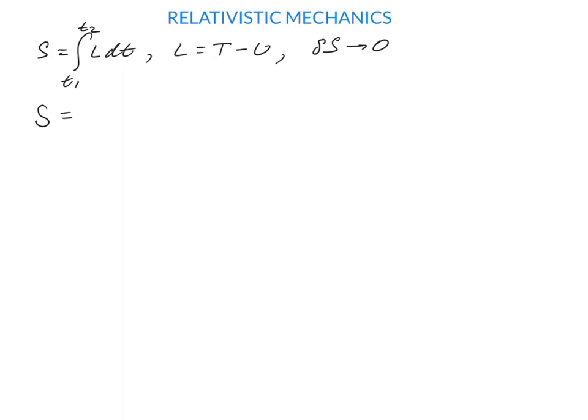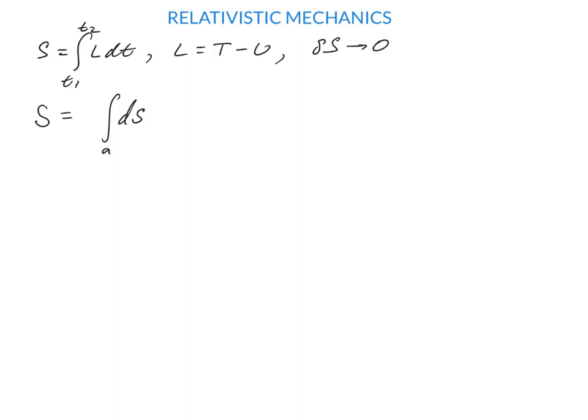Now, if we think of what is available to construct the action, the only thing that we have at our disposal for a free particle is the element of the interval along the world line, which is ds.